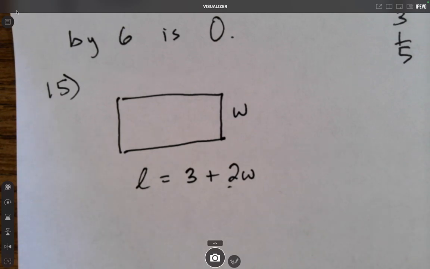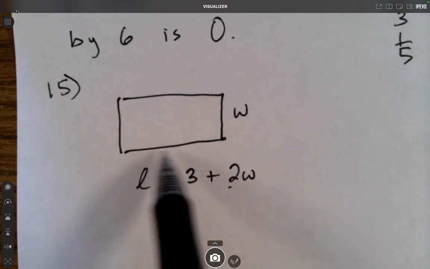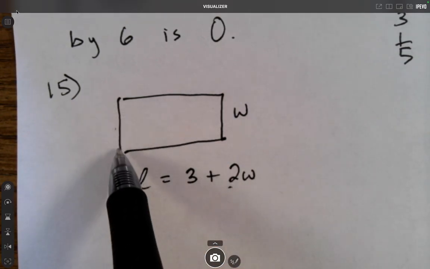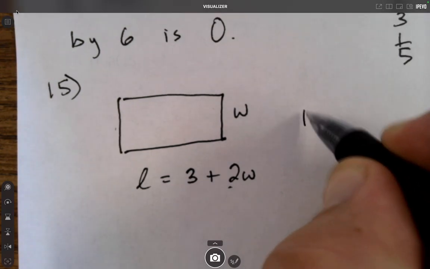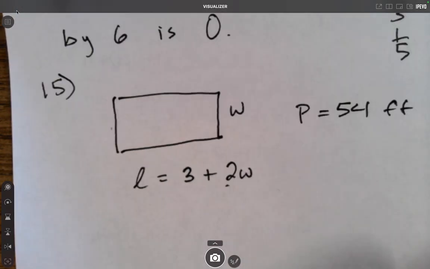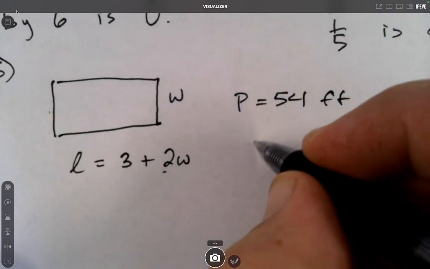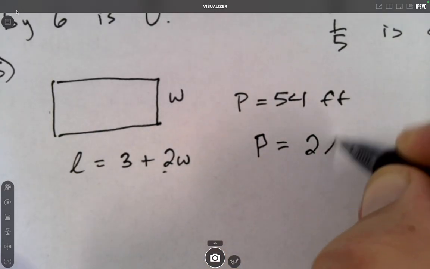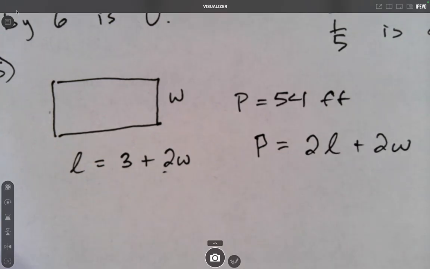Write and use an equation to find the length and the width of the kennel if Adrian has 54 feet of fencing. So she has 54 feet she can use to make all 4 sides. So that means 54 feet is the perimeter. And perimeter for a rectangle is 2L plus 2W.